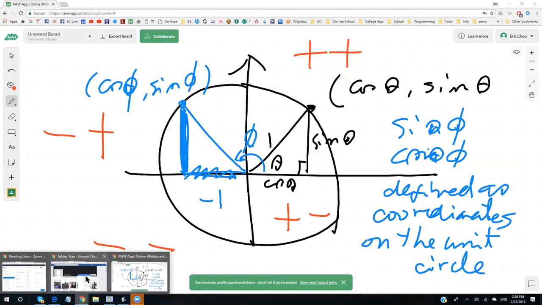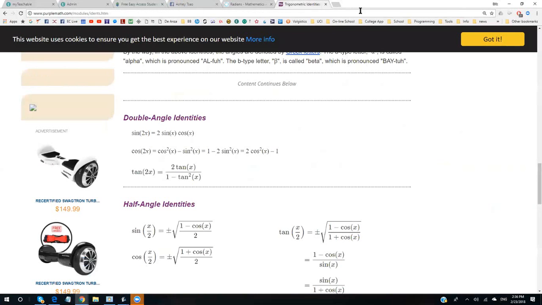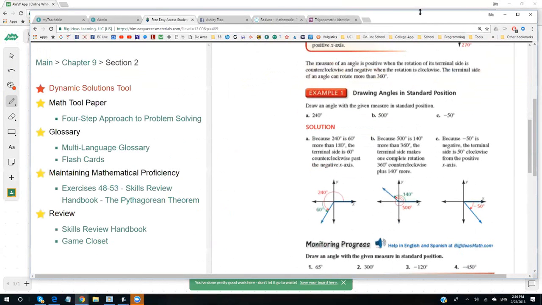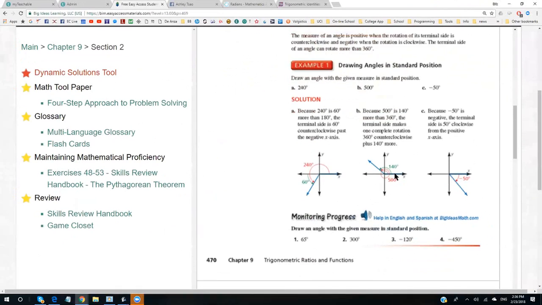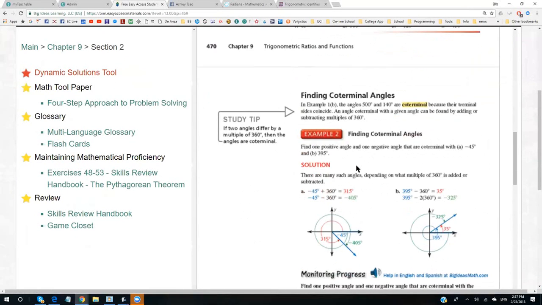Okay, let's go back to the textbook now. So we talk about the different angles. This one is called the terminal angle. What is the terminal angle?